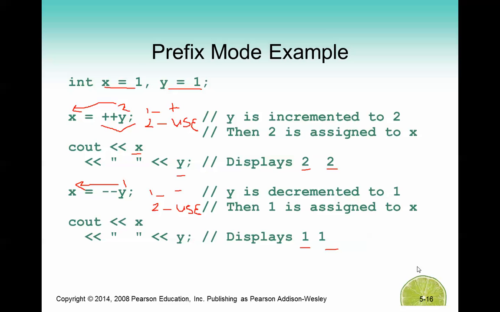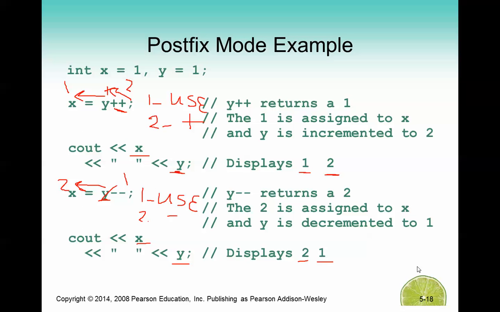So it's going to make a difference where I put my plus plus or my minus minus when I am combining it with another command. Like in this case here, I'm combining it with the equal sign. But it will be the same thing if I use an if, a while, a cout, anything, it is going to make a difference. So this is a very nice way to be counting.